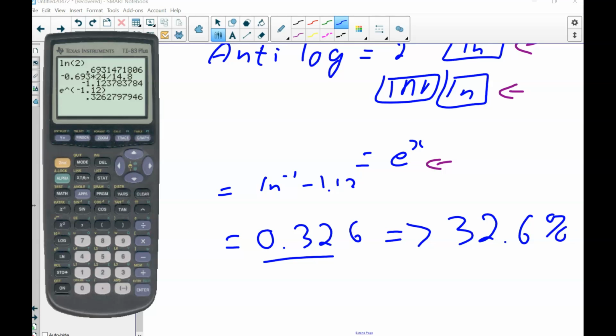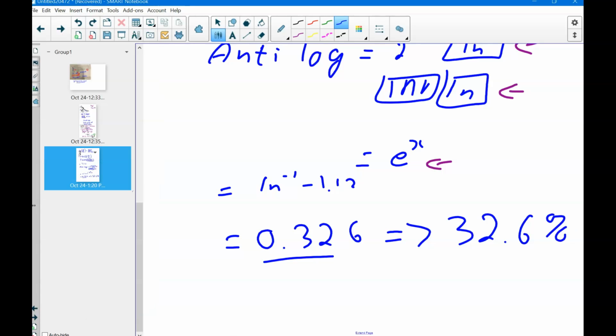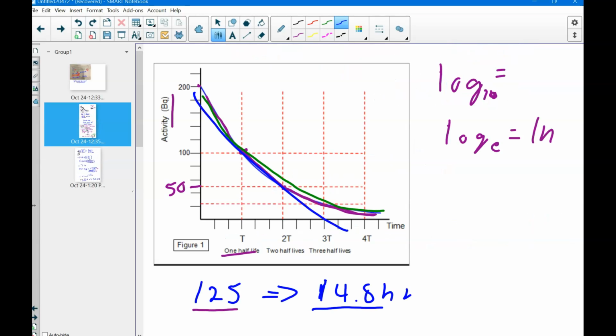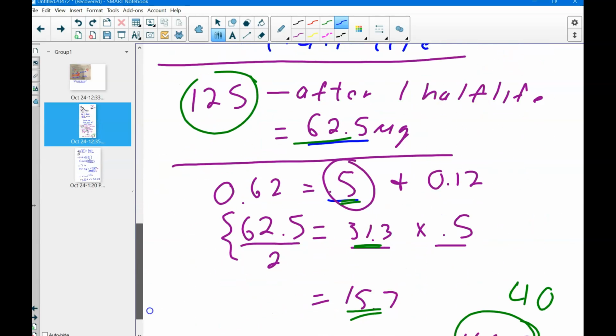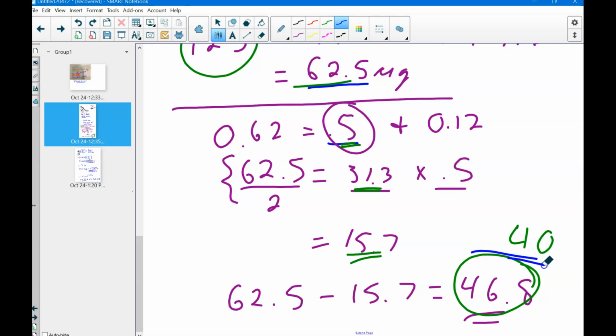Now, if we did our calculations correct, based on what we've done before, we should be getting somewhere around 40. Right?